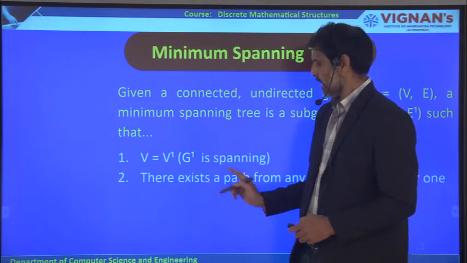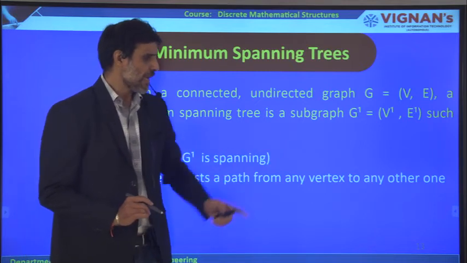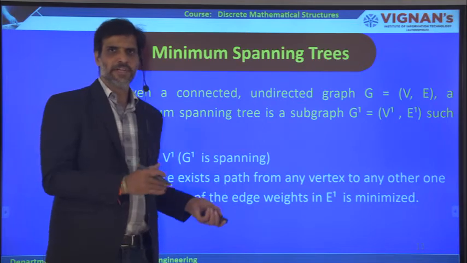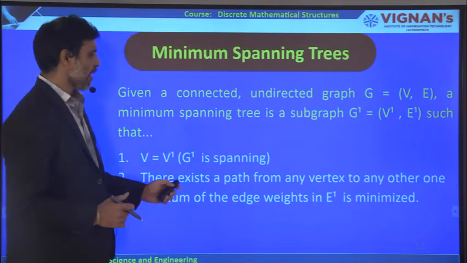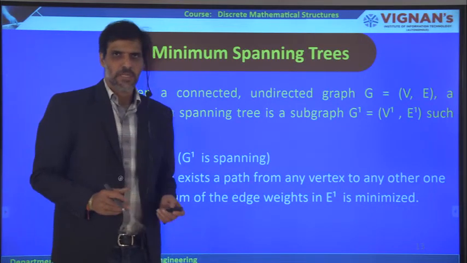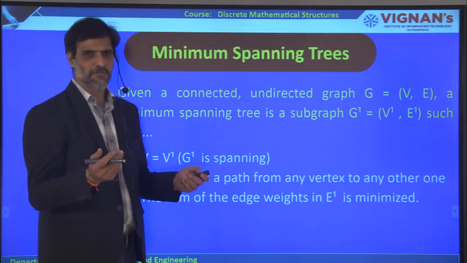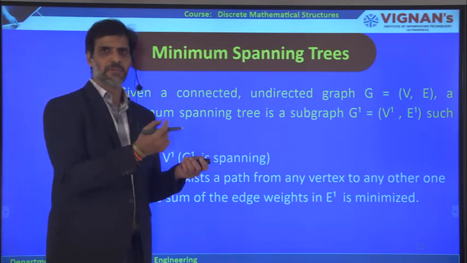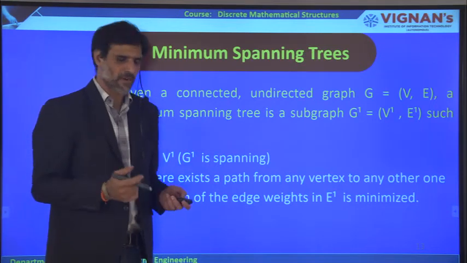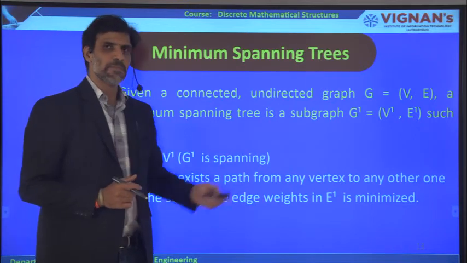Second, there exists a path from any vertex to any other vertex. Third, the sum of the edge weights in E dash is minimized. When you take a weighted graph, the edge between two vertices is weighted with some value. Therefore, it is called a weighted graph. So the sum of the edge weights in E dash is minimized.